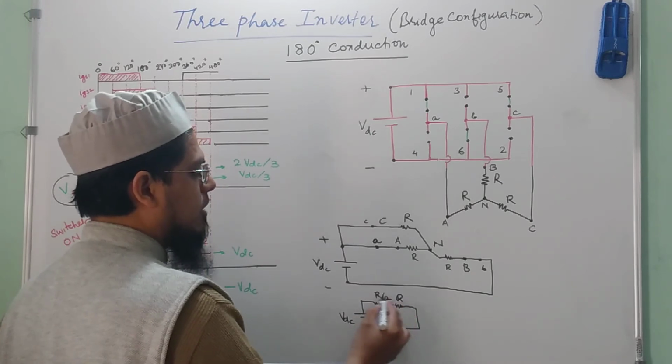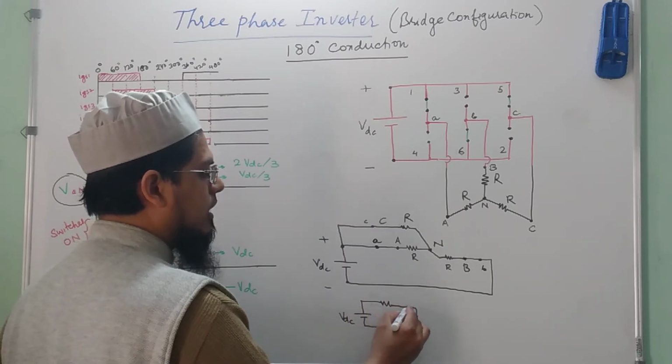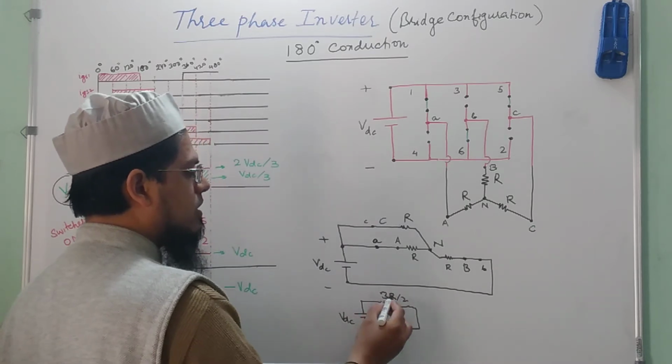This is R, and if I add these two, the resistance finally becomes R plus R by 2, that means 3R by 2. So this is VDC and this is 3R by 2.